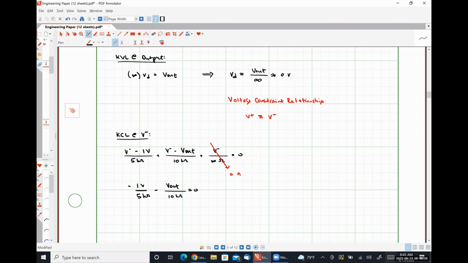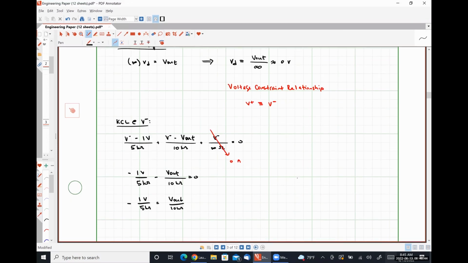I'm just going to do a little bit of algebraic manipulation here. -1 volt over 5 kilo ohms is equal to V out over 10 kilo ohms.